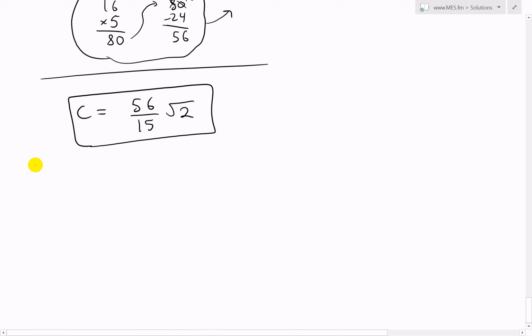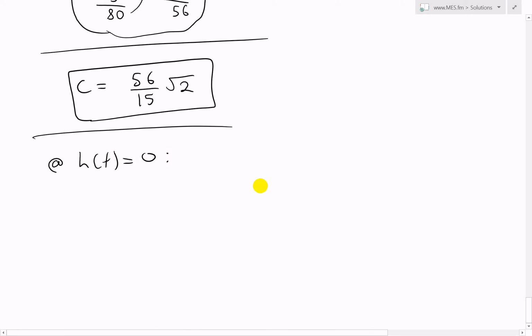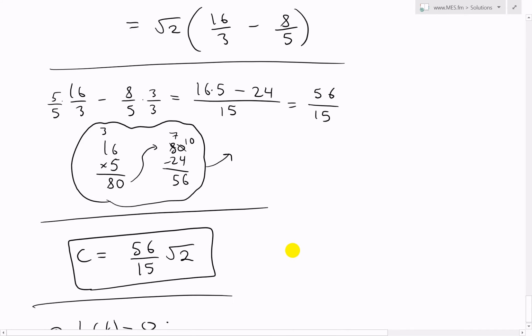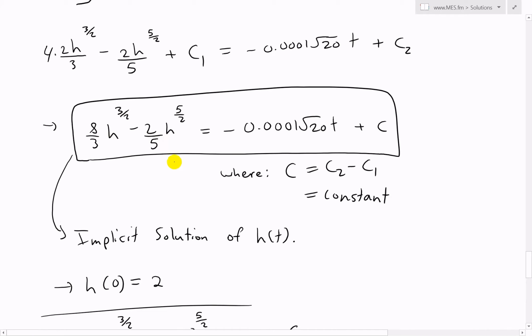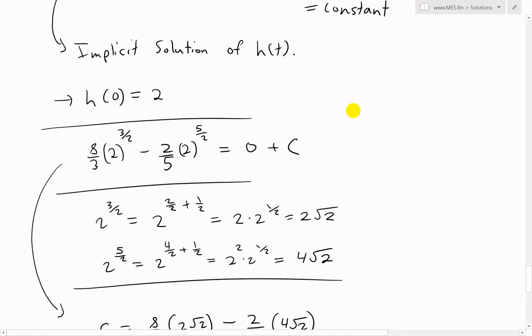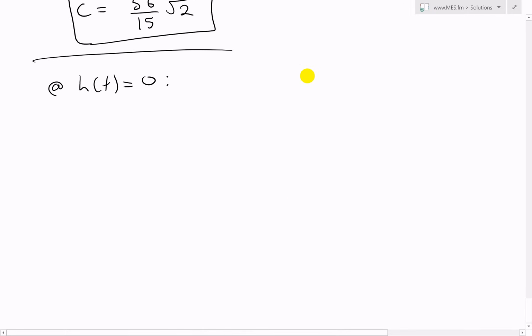So right at h of t is equal to 0. When the height is 0 meters, let's look at this side. When we plug in 0, this becomes 0 minus 0, which is equal to this whole right side. 0 to the power of whatever, divided by whatever, is all 0.